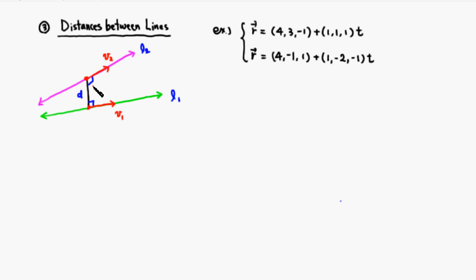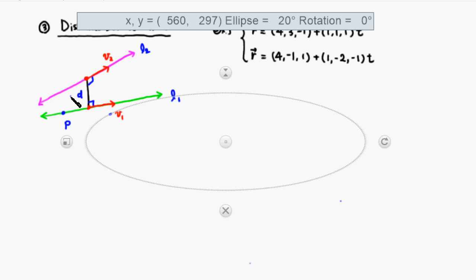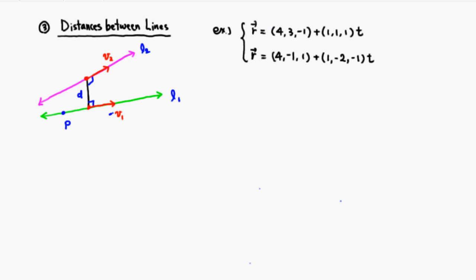All right, so in order to find that distance d, what we can do is find two points. I'm going to put P here and some random point Q. Then you think of the vector PQ.